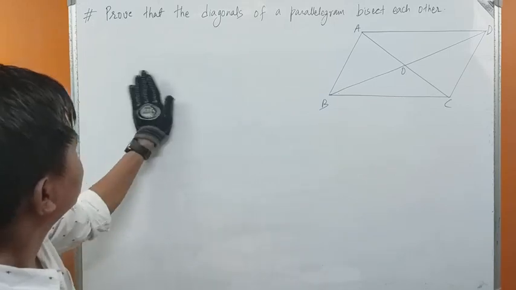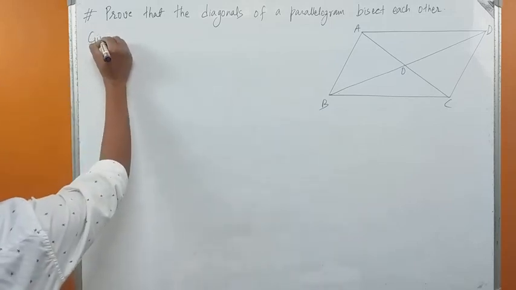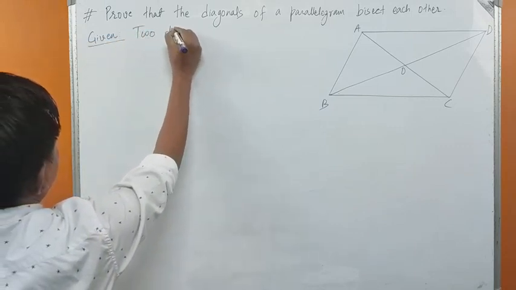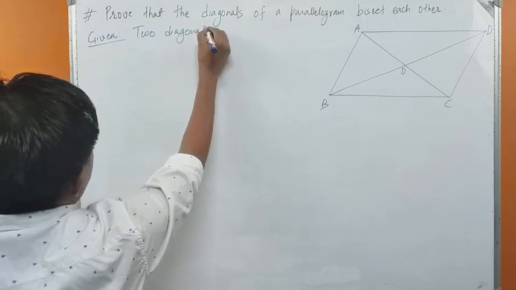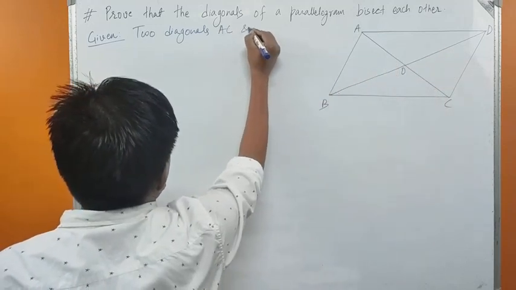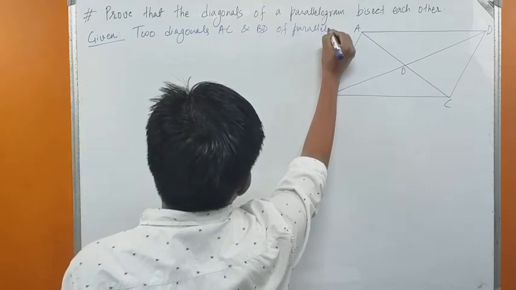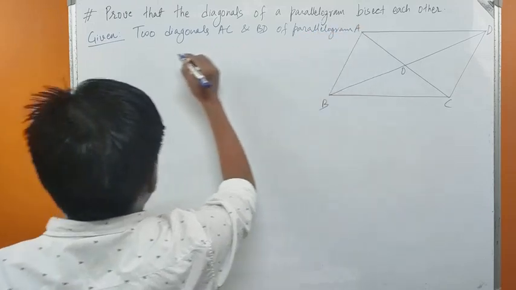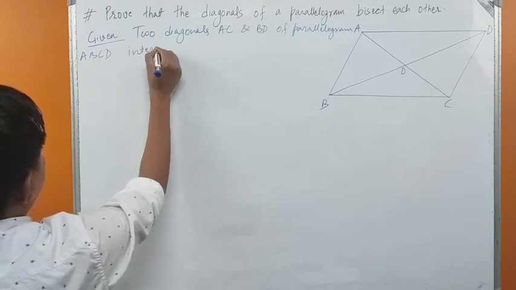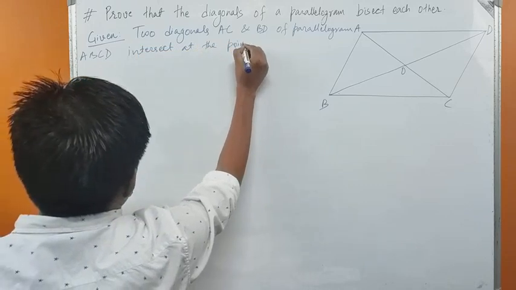Now let us prove the theorem. What is given to us? Let us first write that. Two diagonals AC and BD of parallelogram ABCD intersect at the point O. So this is given to us.